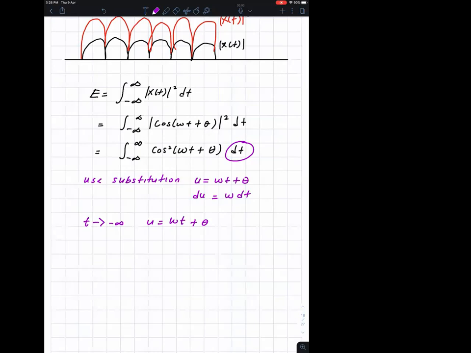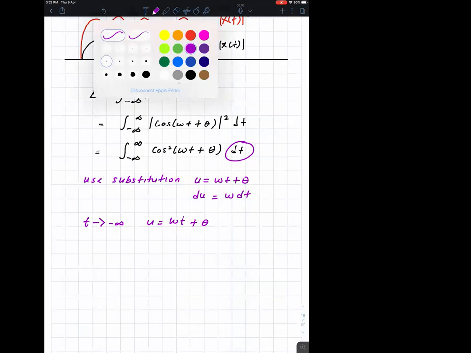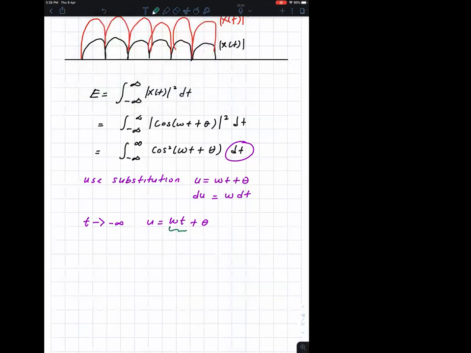When t goes to infinity, definitely omega t is going to go to infinity, because omega is a constant frequency. So this is also constant. So when t goes to minus infinity, u goes to minus infinity.